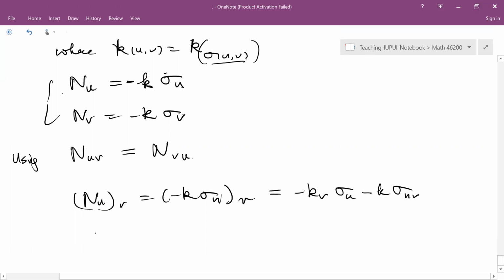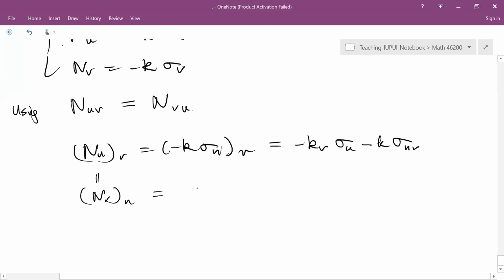On the other hand, this is negative k σ_v differentiated with respect to u, so it's negative k_u σ_v and minus k σ_vu.